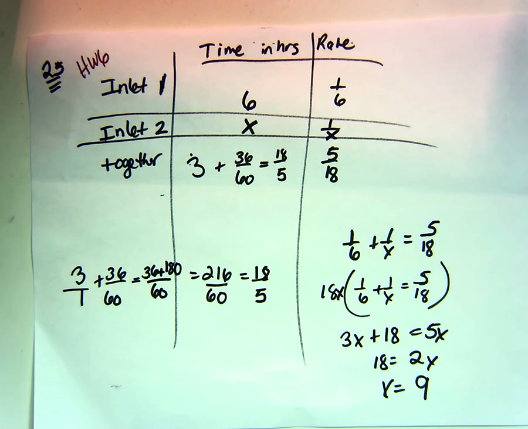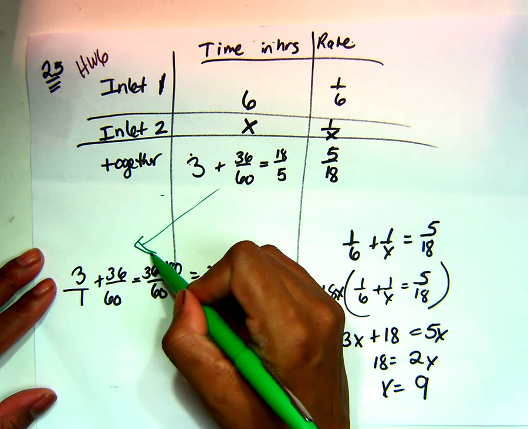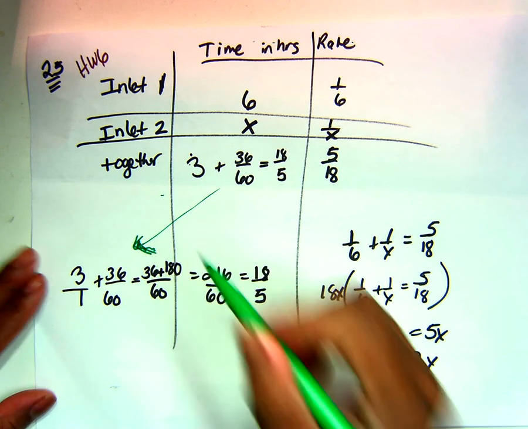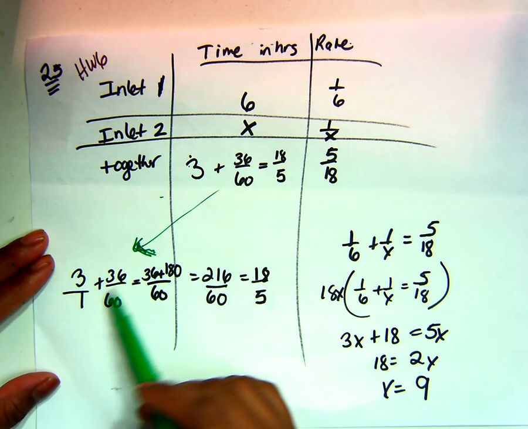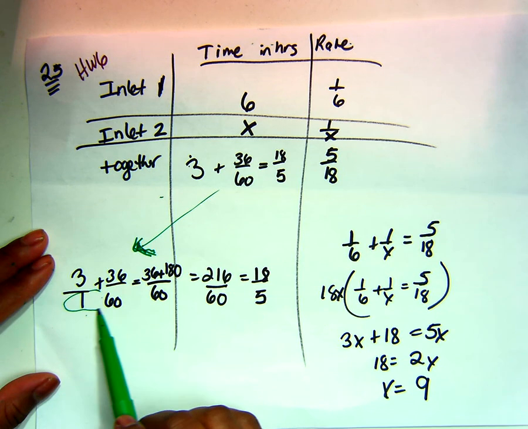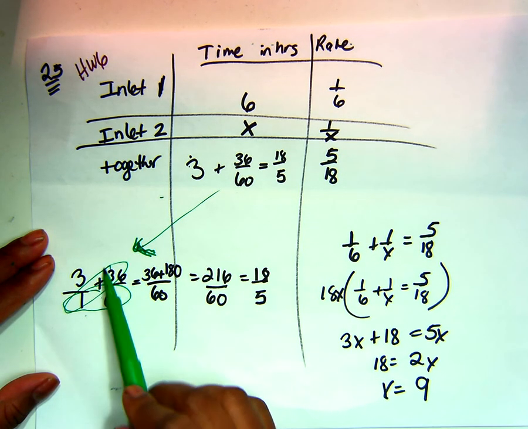Now let's jump down here. Let's figure out what in the world is going on. Well, very similar to what we did earlier, we've got to find the least common denominator. I'm looking at it, 60 is my largest denominator, so I'm going to put everything in terms of 60. So cross multiply right here. 1 times 60 is 60. 36 times 1 is 36.